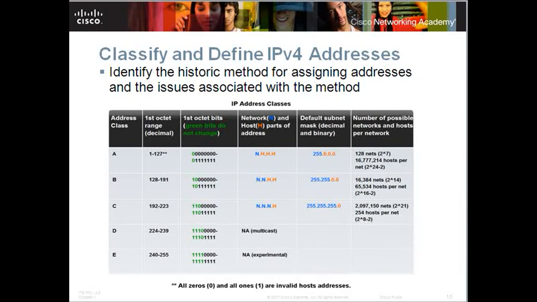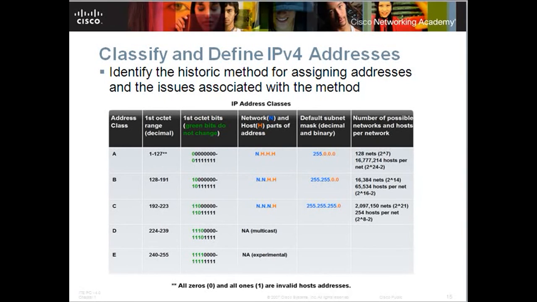So the number of possible networks and hosts are calculated. In Class A, 7 bits are varying, so 2 to the power 7 is the number of networks we can design.